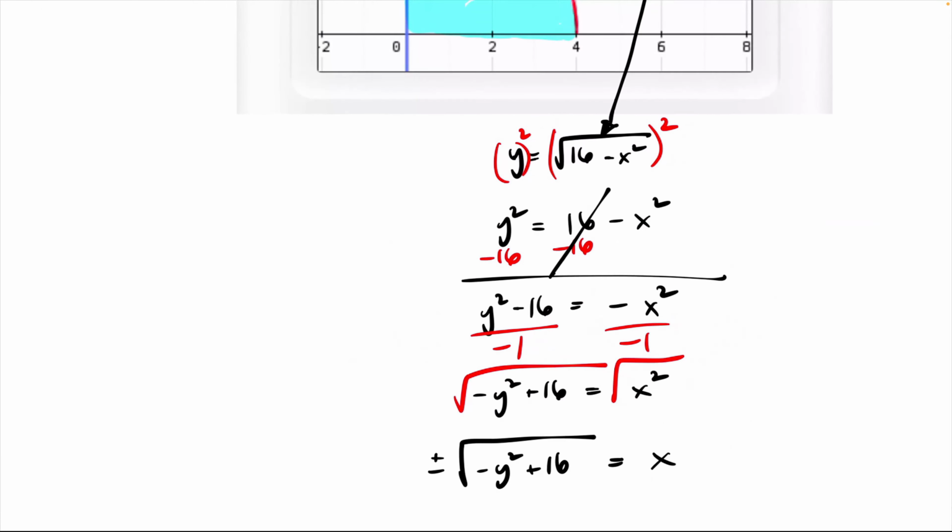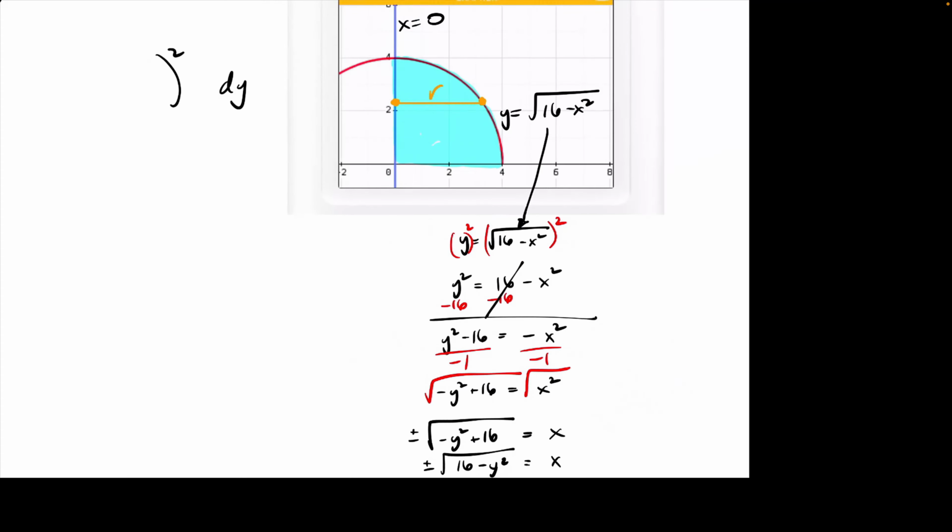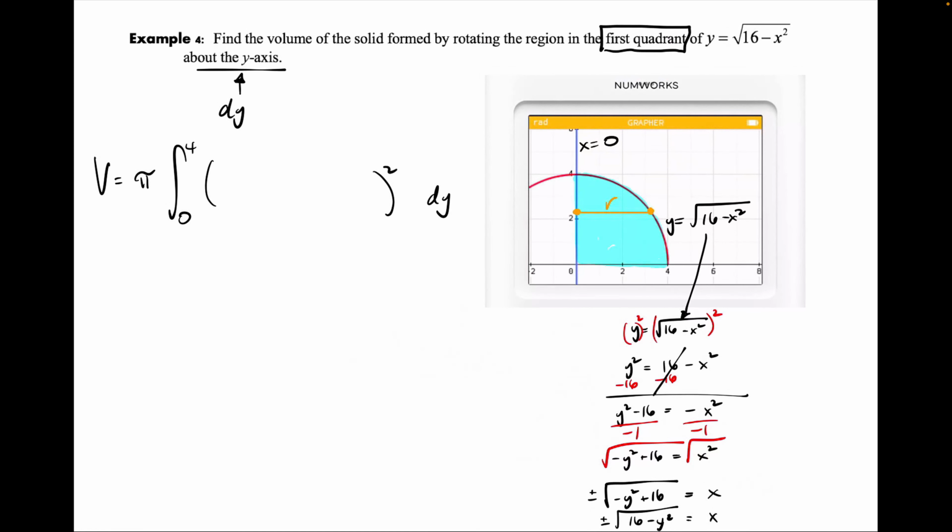So you can write it like that, or you can write it 16 minus y squared. Either one. But again, we only want the positive. So it's going to be the square root of 16 minus y squared, minus 0.